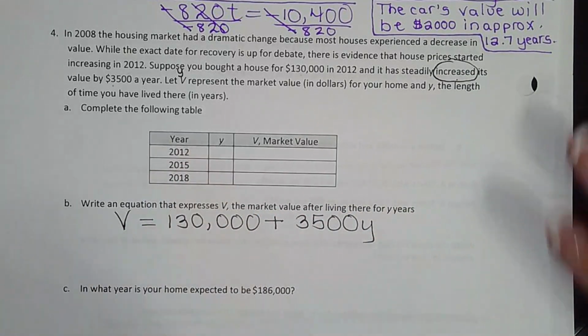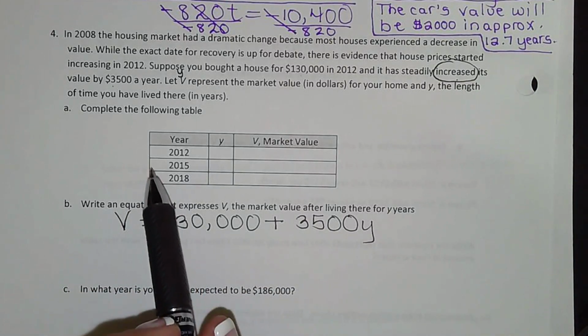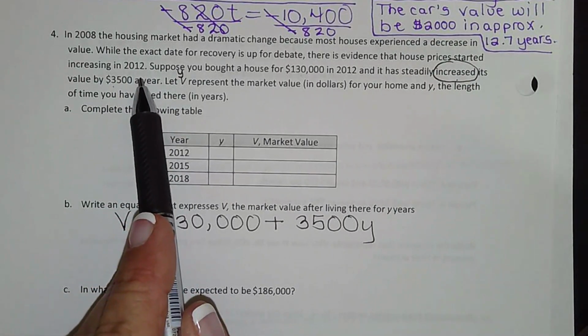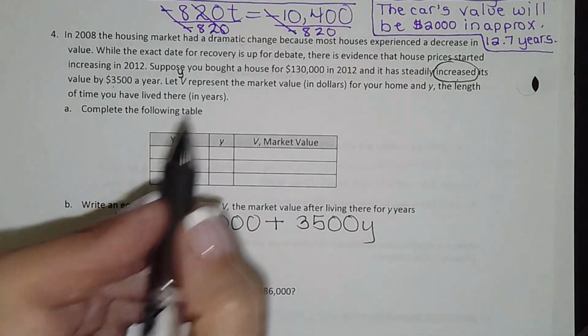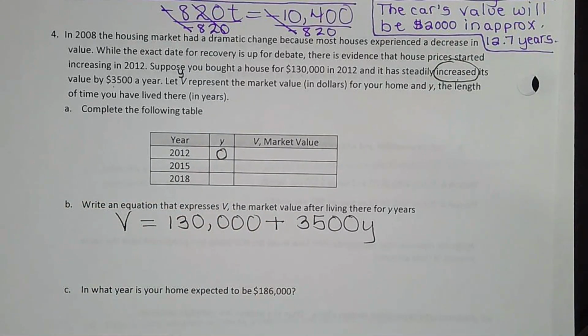So now we can do this. In 2012, 130,000. So that would be considered year zero, right? Do you guys know that?